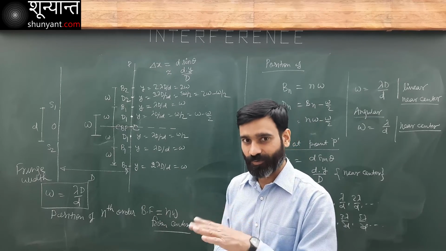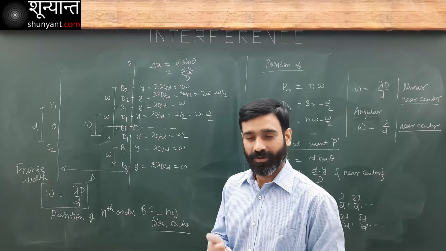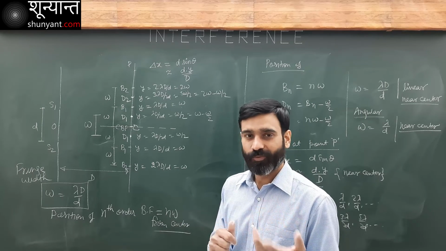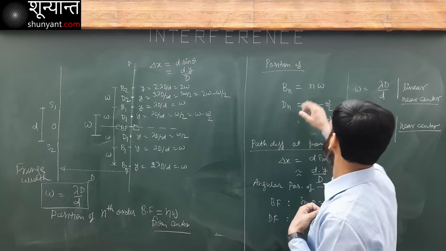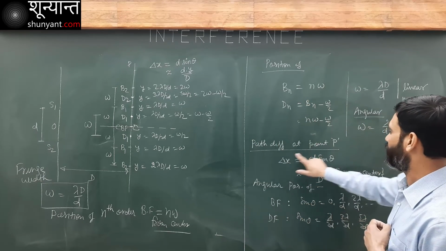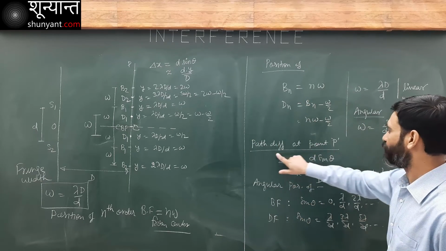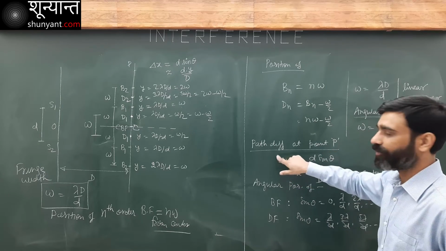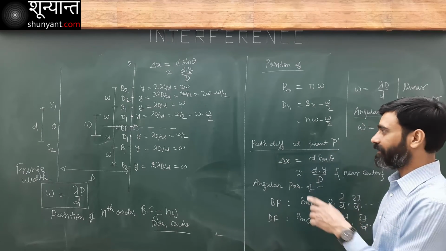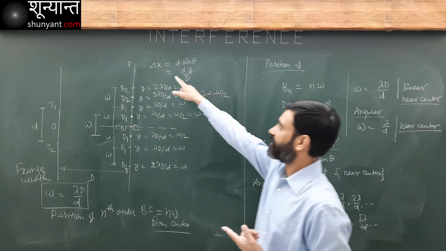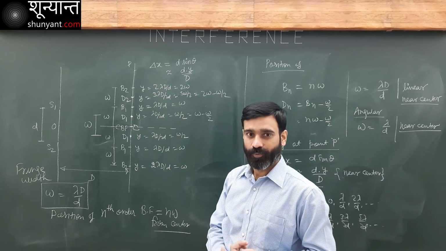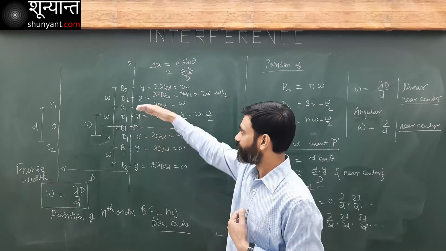Note down all the formulas in one place. There is no formula as such, only if you remember this condition. Starting from this formula, we derive everything. You just have to remember the path difference at a general point and the positions.